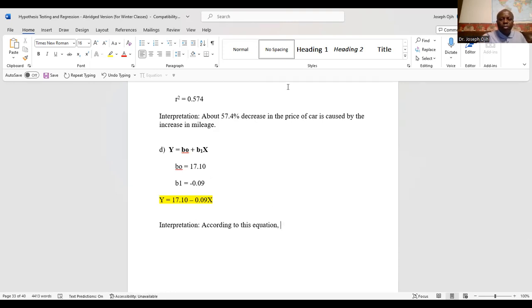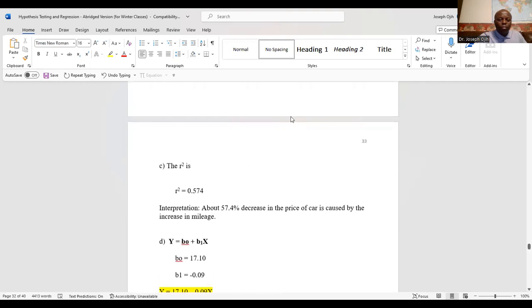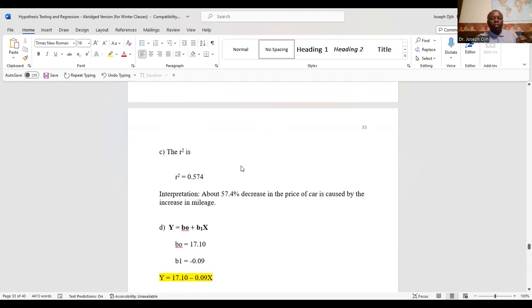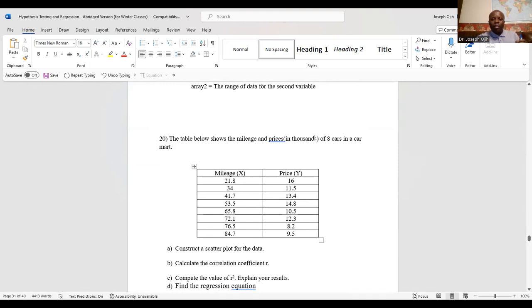Yes, Ms. Kujo, you have a question? Why were we timing it by 1,000 again? I forgot. Okay, the first reason is that we want to interpret it. Second reason is that everything in the original table is in thousand. So 21.8 means 21,800.